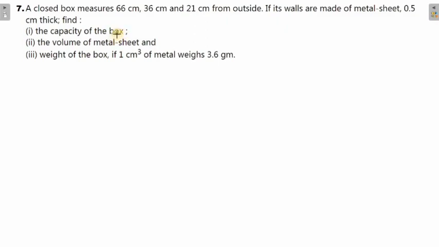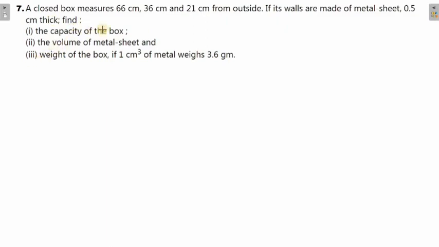Remember, capacity of the box means how much is the storage. Next, find the volume of the metal sheet. The second part we have already seen in the earlier question. The third part says, weight of the box if 1 centimeter cube of metal weighs 3.6 grams. This is also an easy question.